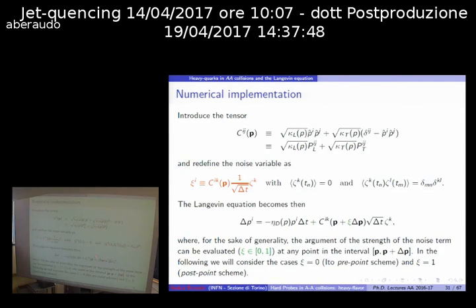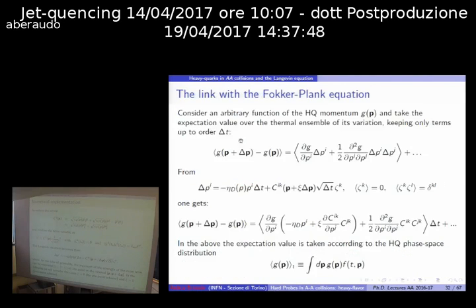In principle, I can evaluate this tensor at any point in the interval between time t and time t plus delta t. So I can fix this xi as being any number between 0 and 1. Depending on the value of xi, I will have a different discretization scheme. In the following, we will work in the scheme called the Ito pre-point scheme, in which xi is equal to 0. But other schemes are possible.